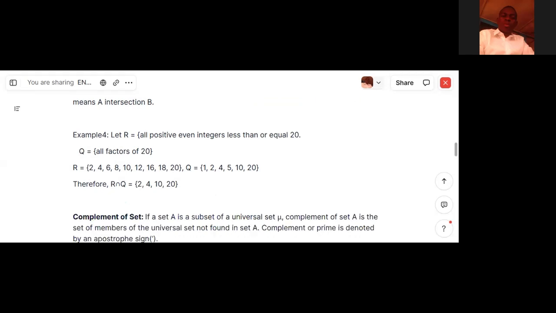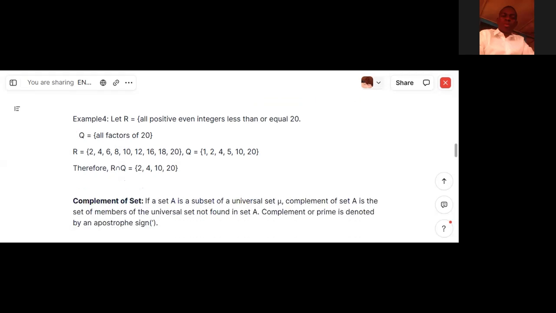Let R be equal to all positive even integers less than or equal to 20, and let Q contain all factors of 20. The set R is listed as 2, 4, 6, 8, 10, 12, 14, 16, 18, and 20, and Q is listed as 1, 2, 4, 5, 10, and 20. These are factors of 20.